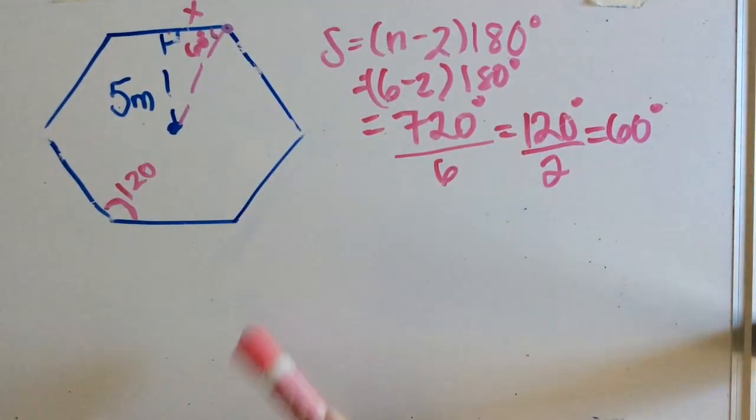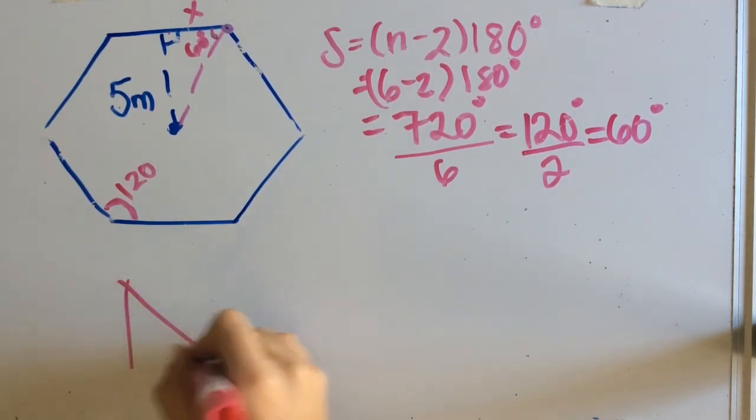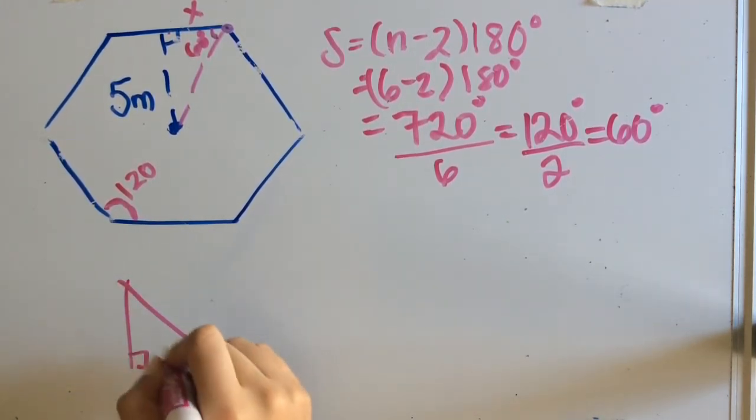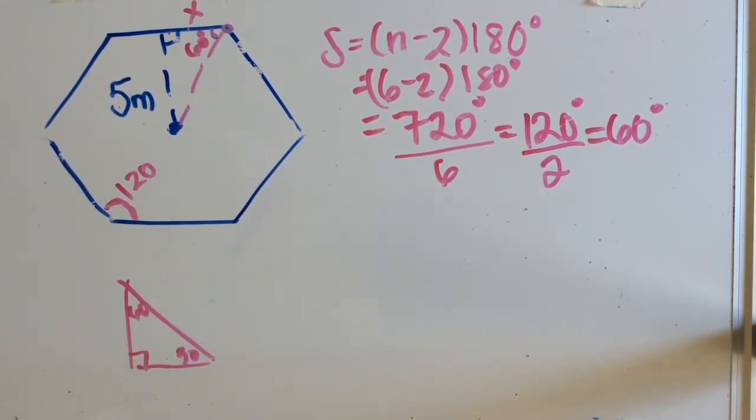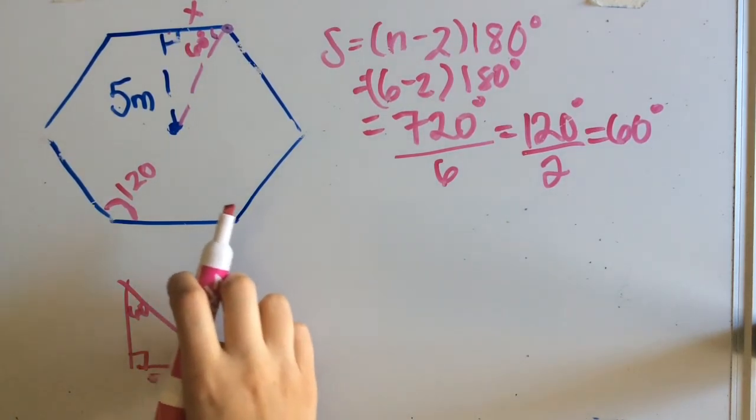Since this is a special right triangle right here, it's a 30, 60, 90 triangle. Remember, there's a pattern. So when I have a 30, 60, 90 triangle, let's say this is 30, this is 60. Actually, these are switched.